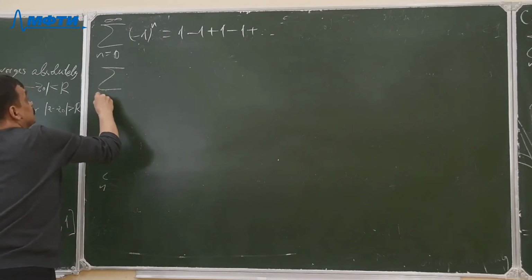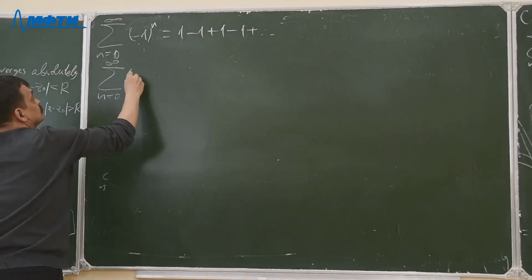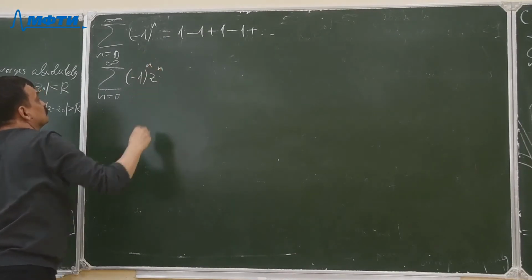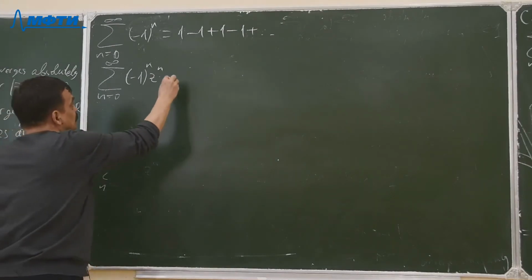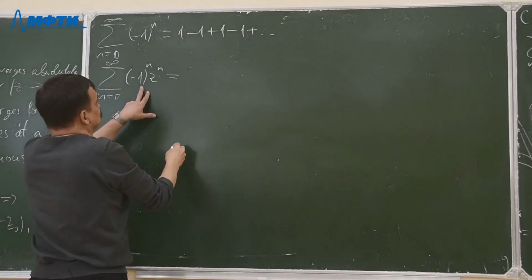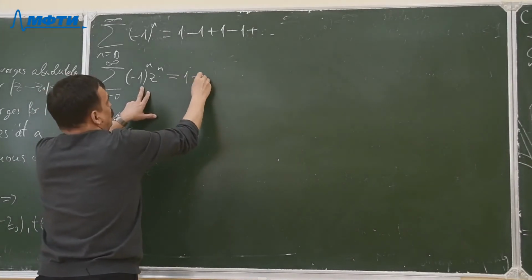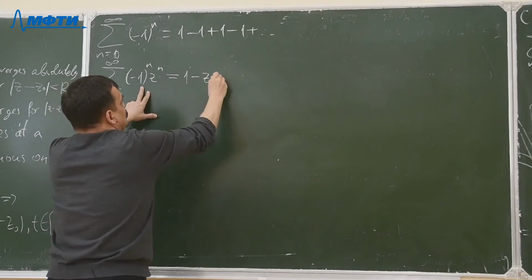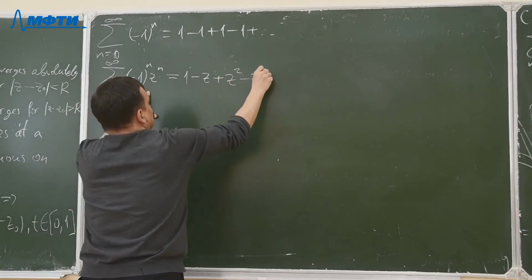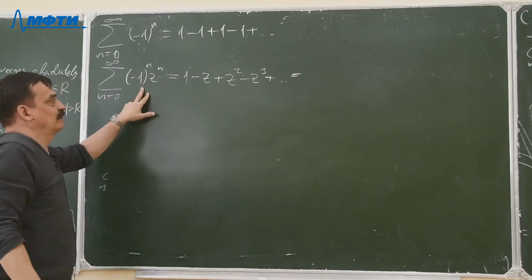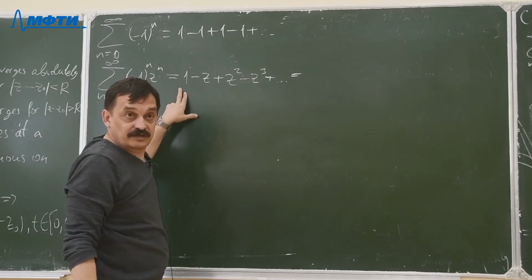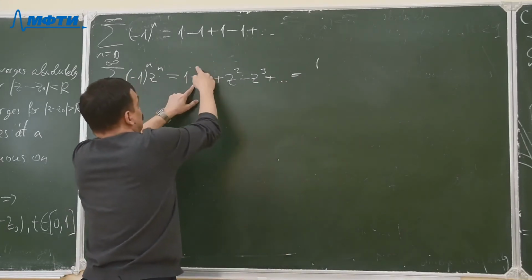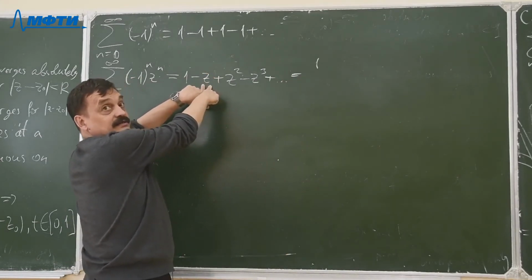But look, we know this power series has a sum. Which sum? That is 1 minus z plus z squared minus z cubed, and so on, which is a geometric progression with denominator minus z.